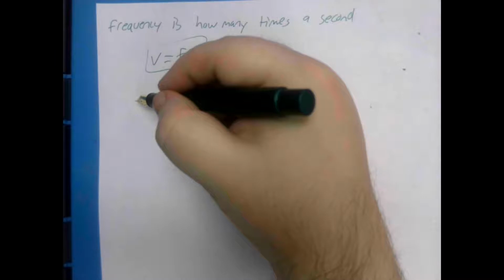How long would it take for you to see it? How long would it take light to travel to your eyes? Yeah, horrible. So you're 1 mile away. Light travels at 3 times 10 to the 8 meters per second.